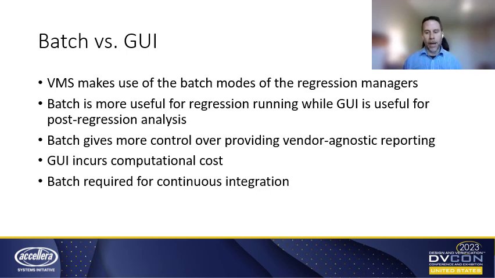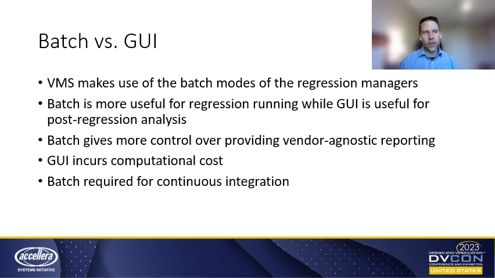The other advantage of batch mode is it gives us more control over the real-time reporting. And quite frankly, maybe I'm old school, I don't know, but I like just a terminal with text coming over it telling me what's going on. It's usually a little more straightforward and simple than having a GUI up that I have to keep moving out of the way or manage.